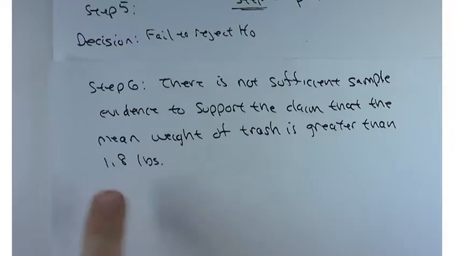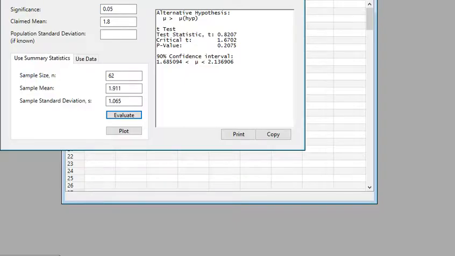Now, what's nice is that our program StatDisk gives us a lot here, but it gives us a little bit more. That's actually really helpful. It gives us a confidence interval. So here's a 90% confidence interval for the true population parameter.